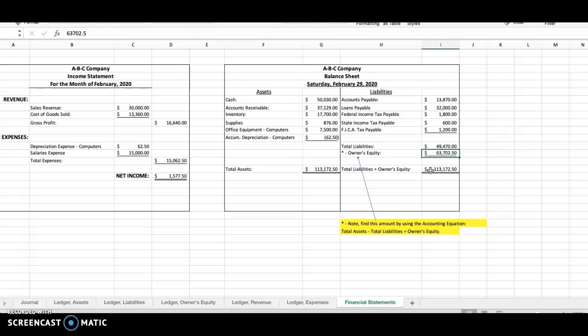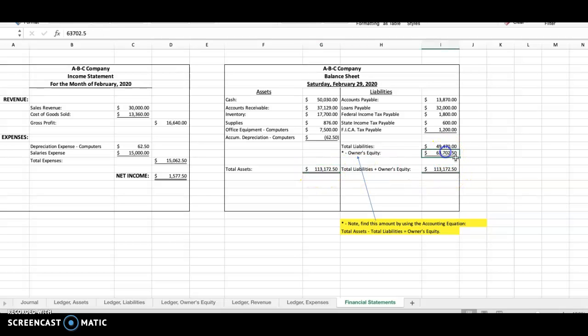And that's important at this point. I'll explain why in a moment. But you subtract the total liabilities from the total assets. That's the accounting equation, giving you owner's equity. Then if you add these 2 numbers, liabilities, owner's equity, you'll come up with a balancing number for our balance sheet.